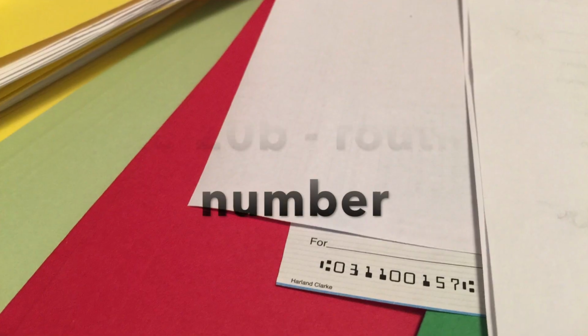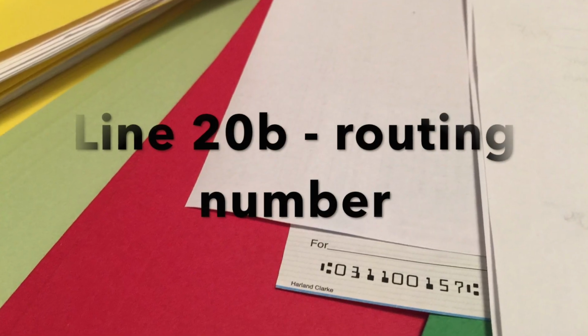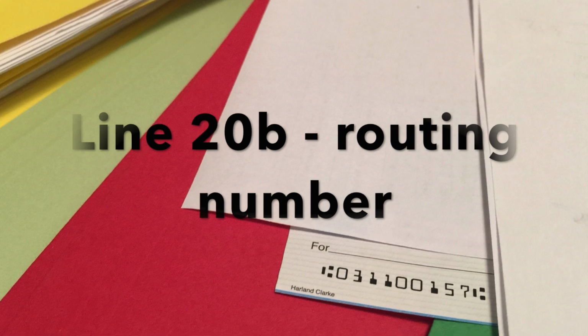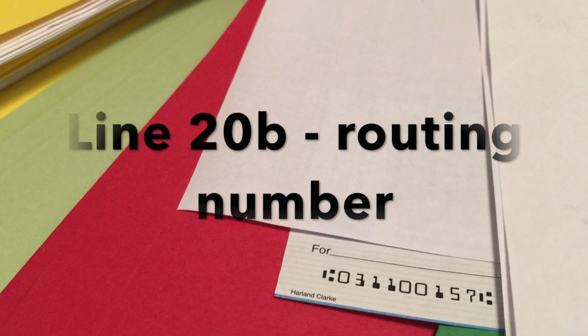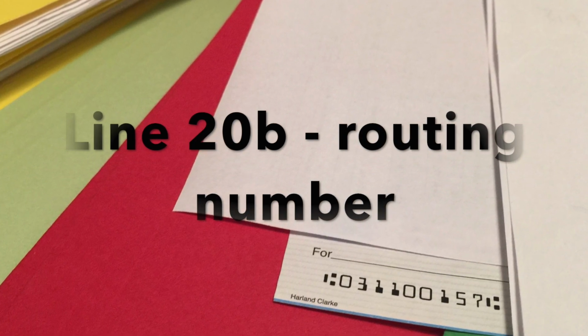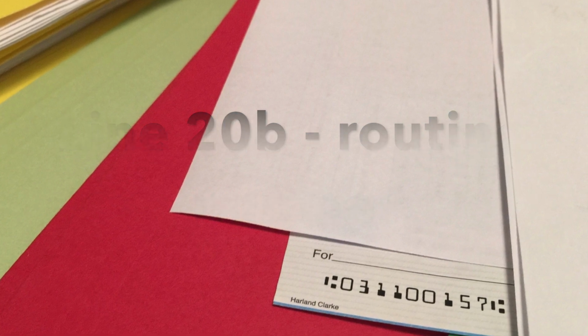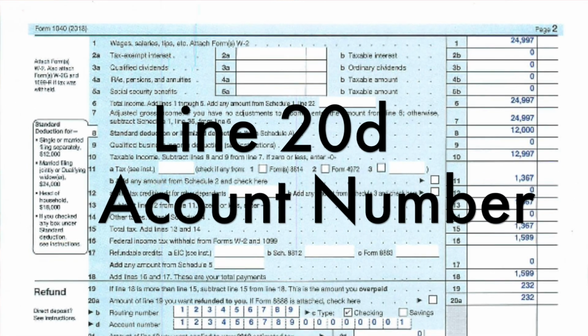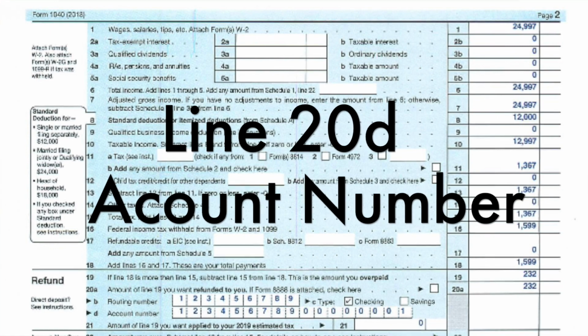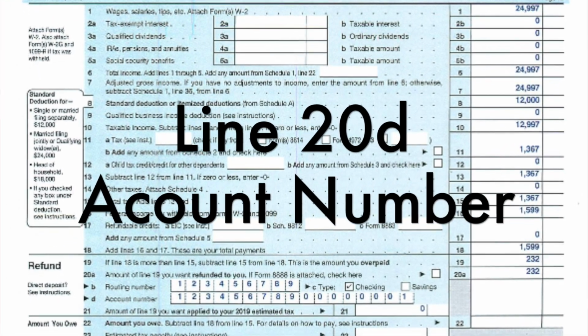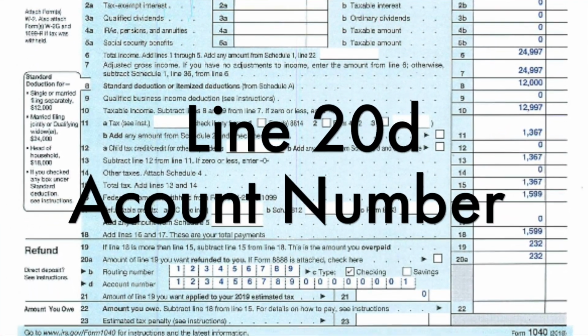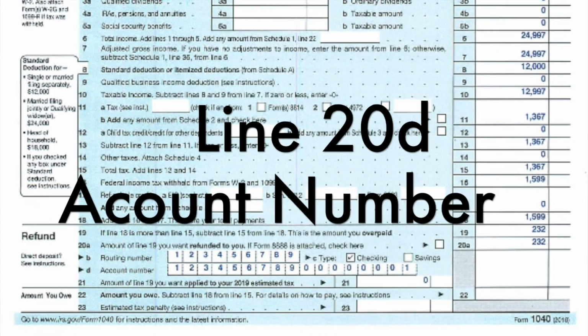On line 20B, Susan records the routing number from the lower left-hand corner of her check blanks from her checking account, and she puts an X in the box called checking. In line 20D, she records her checking account number from the middle bottom of her check. This way, her refund will be transmitted electronically to her checking account.